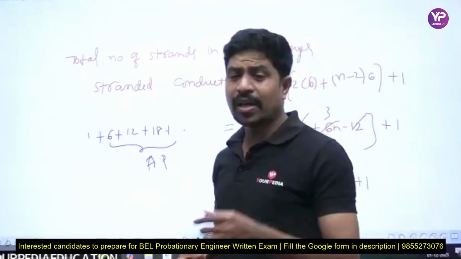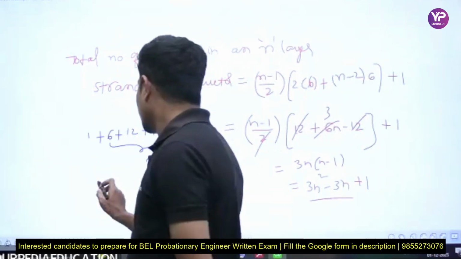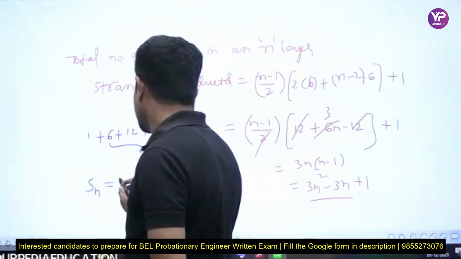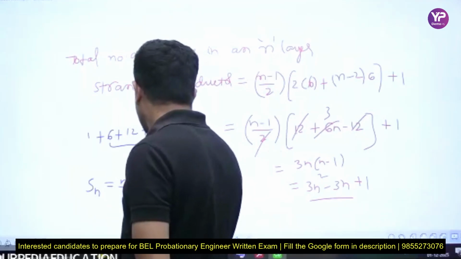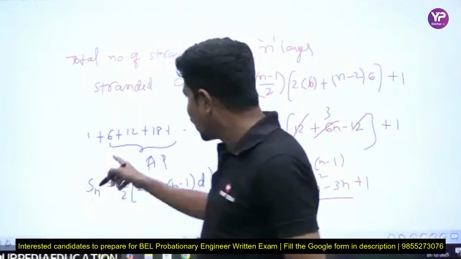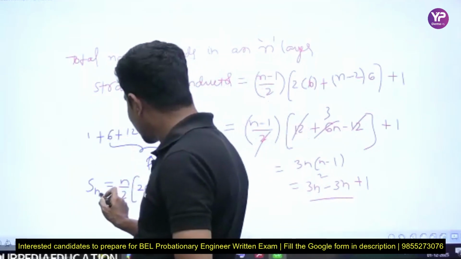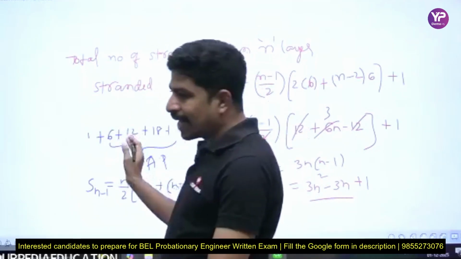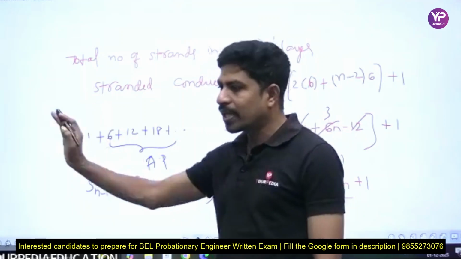What is the sum of n terms formula in arithmetic progression? Sum of n terms in an arithmetic progression is n by 2 into 2a plus n minus 1 into d. But here I am taking from second layer onwards, therefore it is n minus 1 terms. Means in n layers, one layer is 1 that we kept aside.